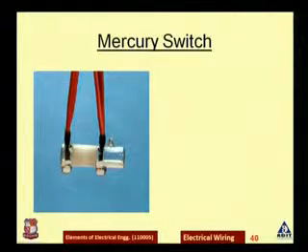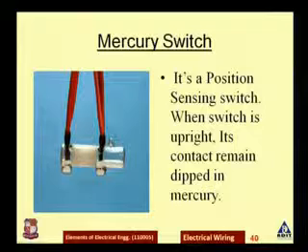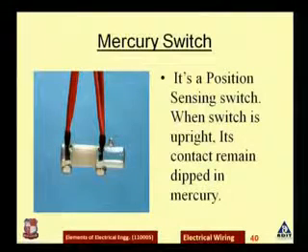Next one is the mercury switch. This mercury switch is not used in day-to-day life, but it is a position sensing switch, indicating the position of the operation. When the switch is upright, its contact will remain deep in the mercury.